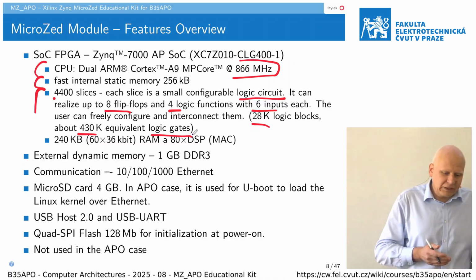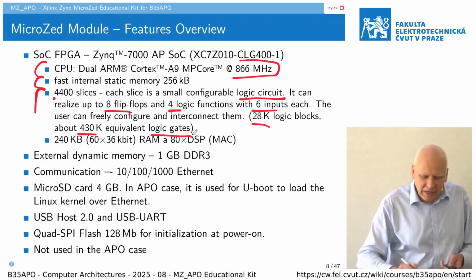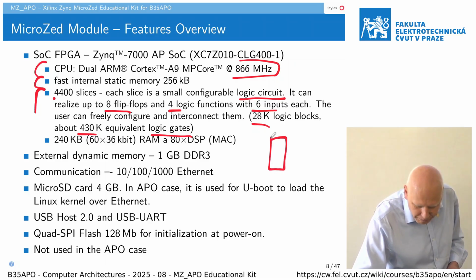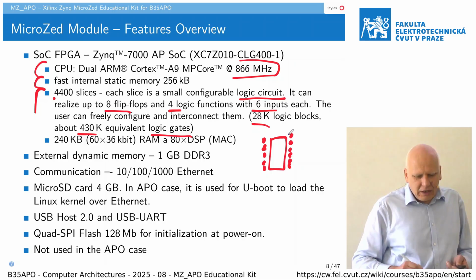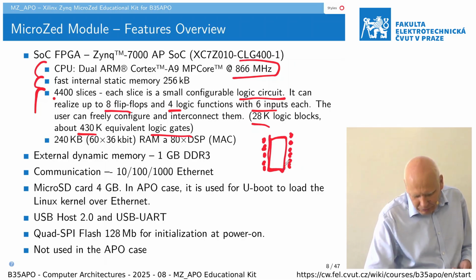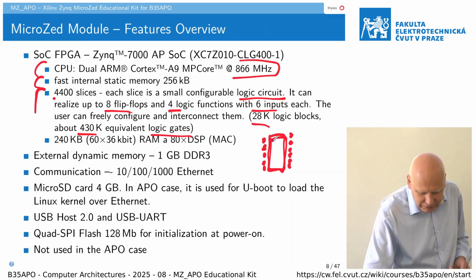If you consider that in 90s, you can buy a small DIP package with 14 pins usually, about this size, which implements 4 gates, for example, 4 NAND gates.